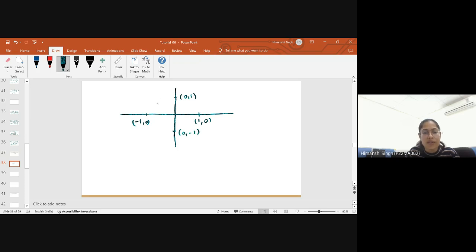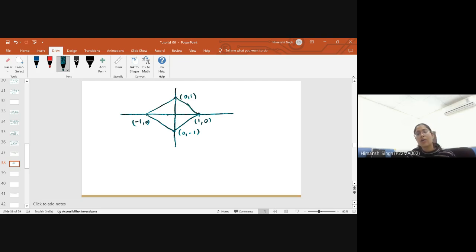So basically we have this square. So our density is 1 in this region.